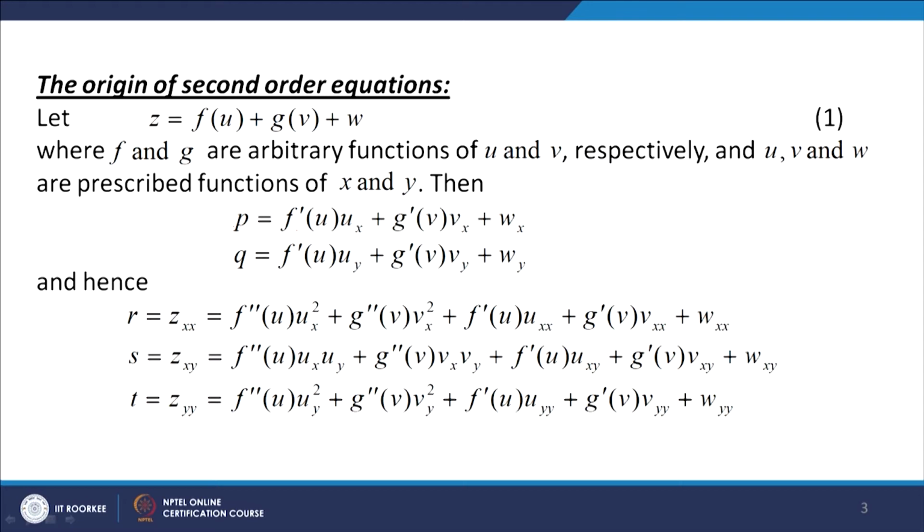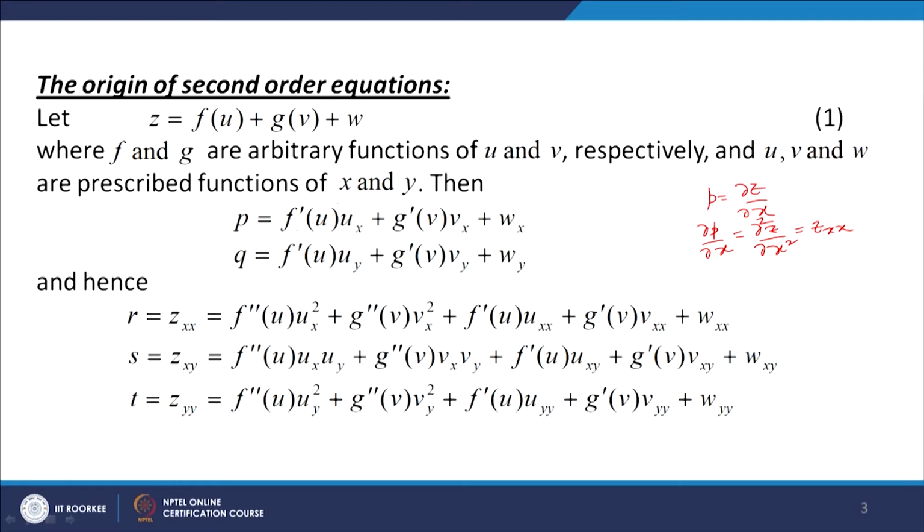Then the partial derivative of p with respect to x will be r, because p is the partial derivative of z with respect to x, so this is zxx.